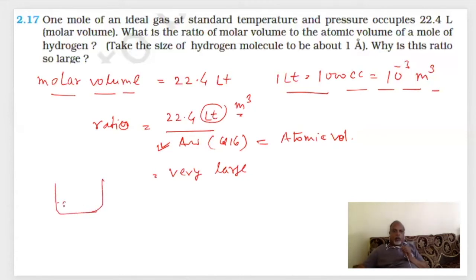They are widely apart in comparison to their atomic sizes. The spaces between them are very large. So we can say that the interatomic distances between the atoms in the molar volume are very large. That's why this ratio is very large.